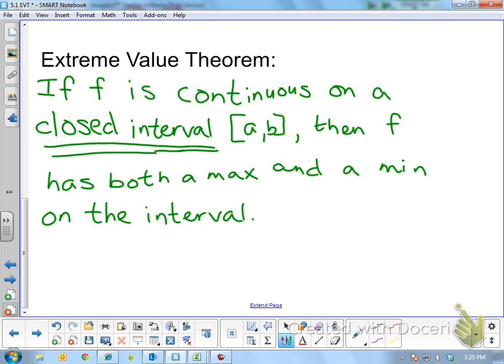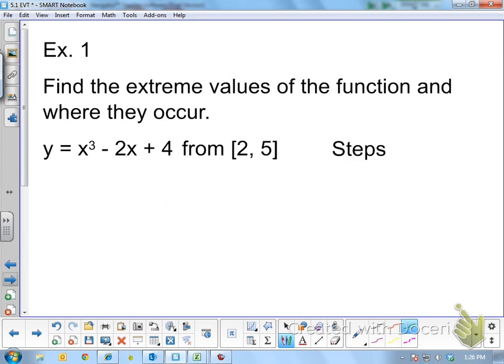So we have enough information now to take a function on a closed interval and find its max or its min. That's our goal. Actually, its max and its min. That's our ultimate goal today, is to actually take a function on an interval, find its max, find its min. So usually it will tell you to find the extreme values of the function.